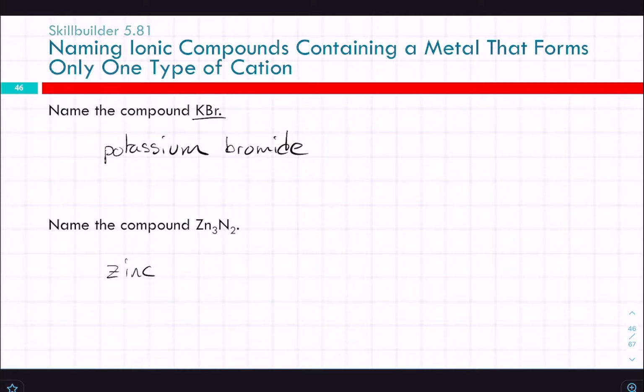The charge of nitrogen is always the same. So this is zinc nitride. And from that name, we would get this every time. We would be able to derive the formula from the name based on the charges of zinc and nitrogen, because they always have to add up to 0, and the charges are always the same.